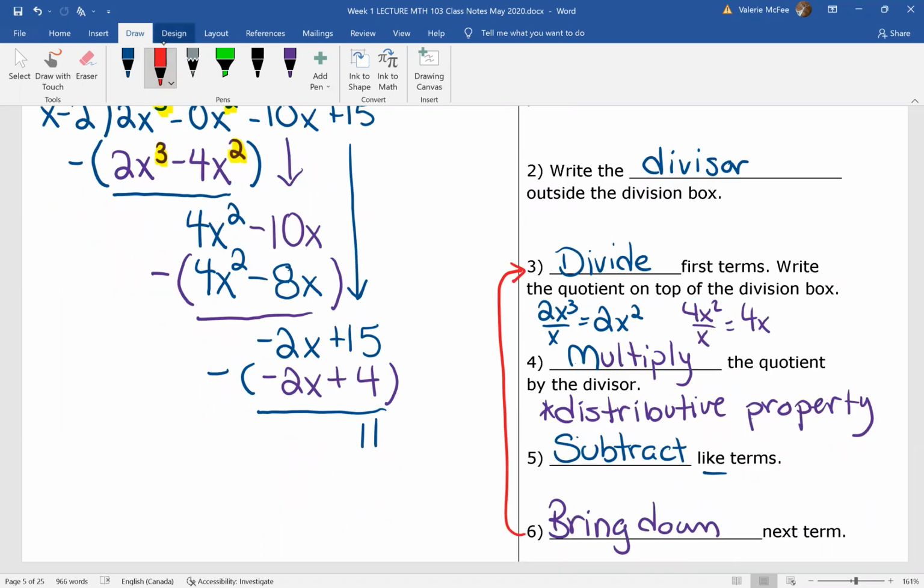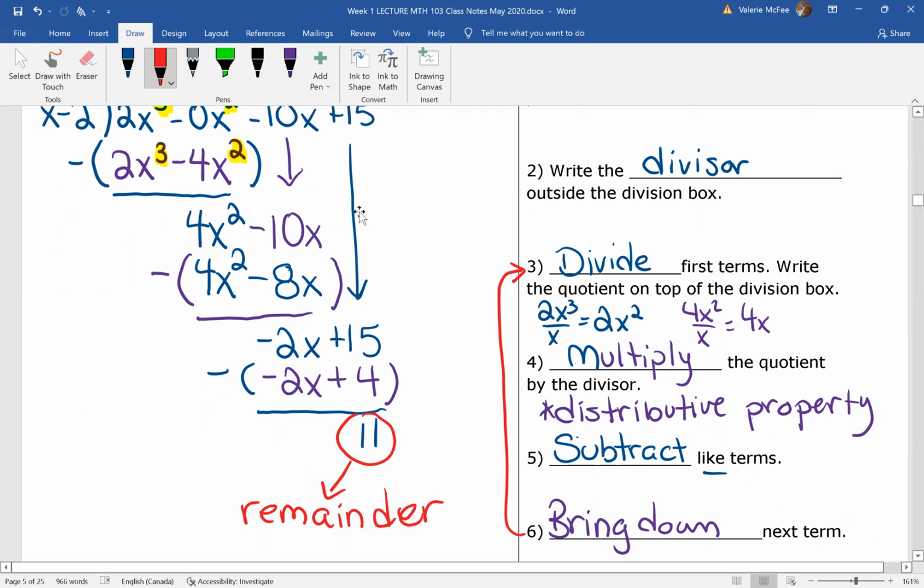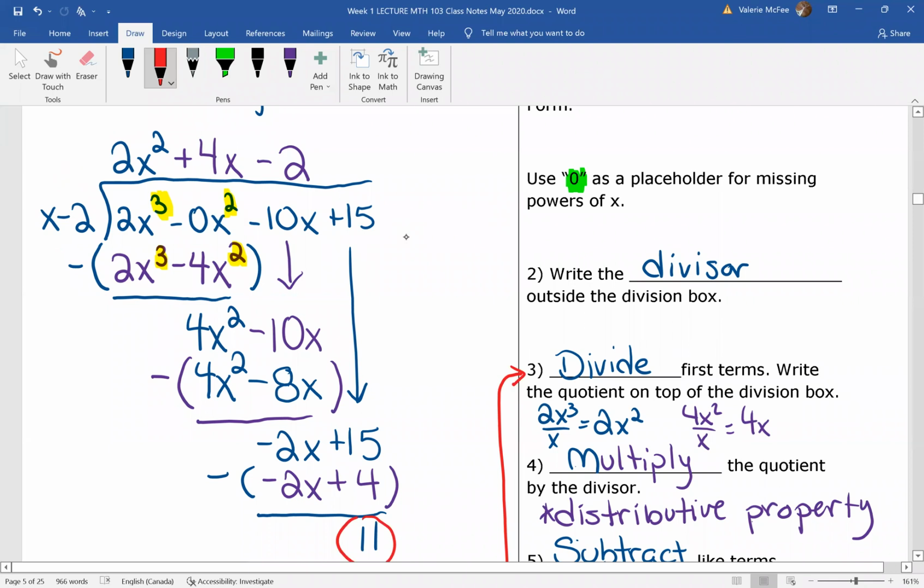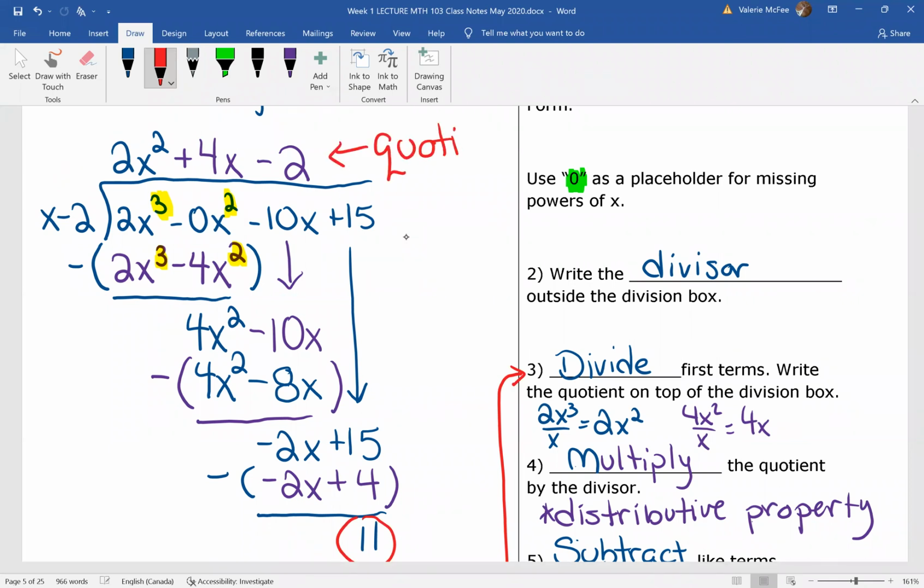It also means that this number that we're left with here is the remainder. On top, we have the quotient. Now, sometimes the remainder is included in the quotient, and that's important to remember.